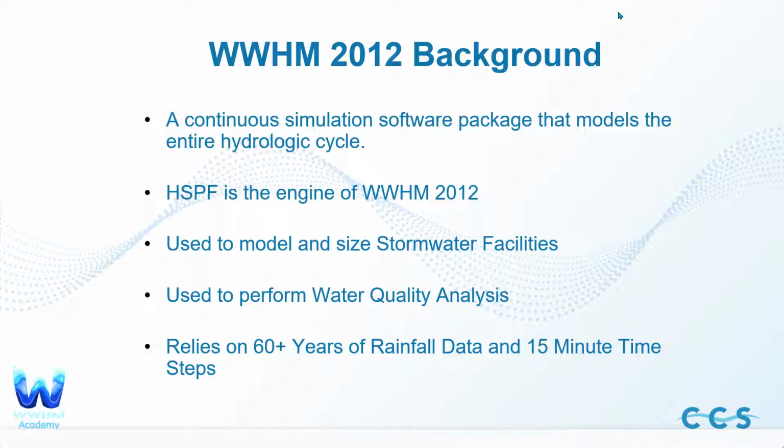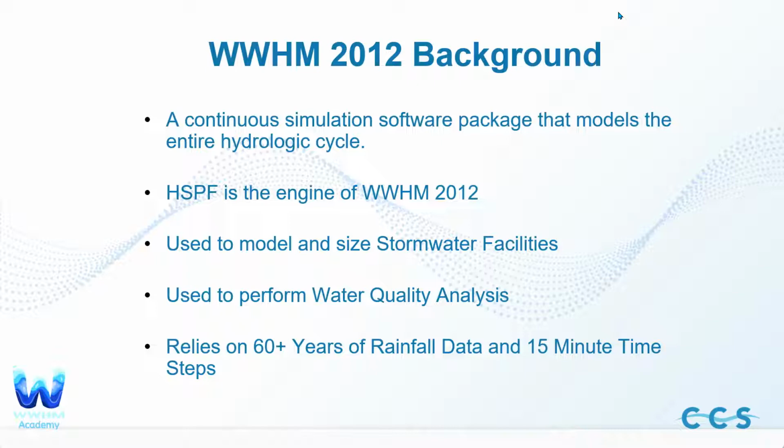Using continuous simulation methods in WWHM 2012, we can more accurately model stormwater facilities and perform water quality analysis, because of the 60 plus years of rainfall data. That's why you download the map files and all the rainfall data, because we're using historical events to gauge what is going to happen in the future when certain stormwater events occur.